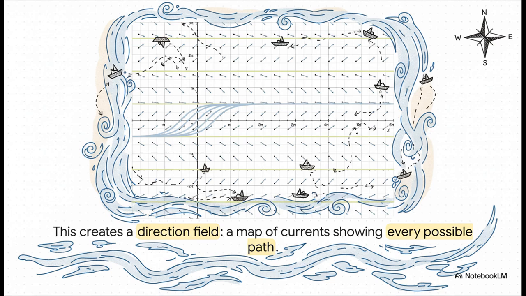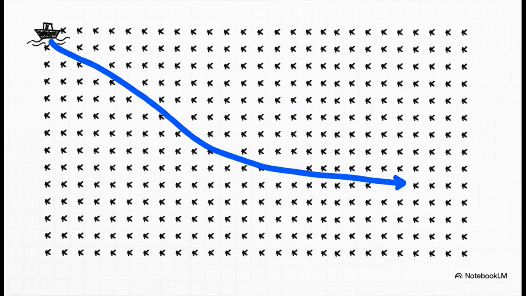This beautiful thing is called a direction field. It's like a map of ocean currents. It's not showing you just one path, it's showing you every possible path the solution could ever take. Which means finding a specific answer, like for our soup that started at 100 degrees, is as easy as dropping a little boat into the water at that starting point and just seeing where the currents pull it. You literally just go with the flow.